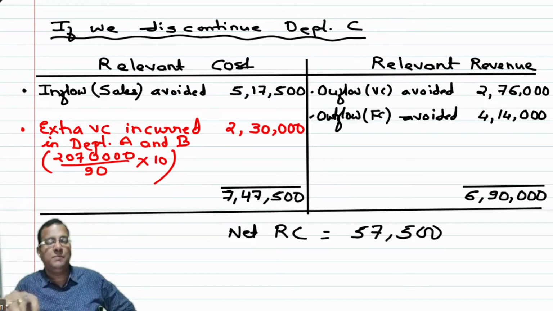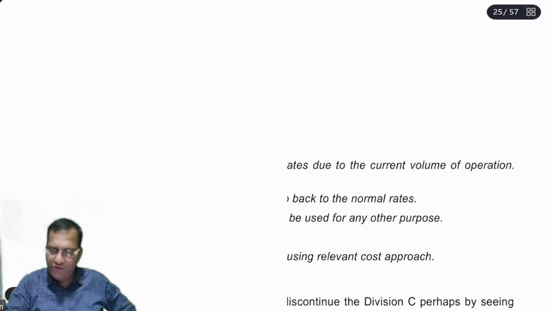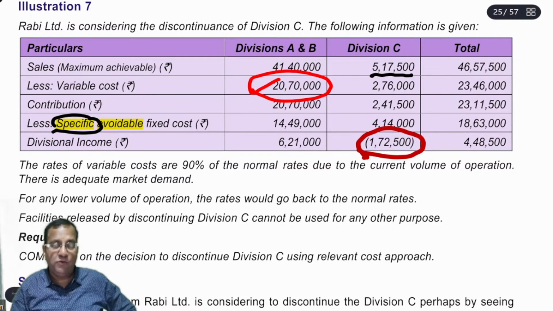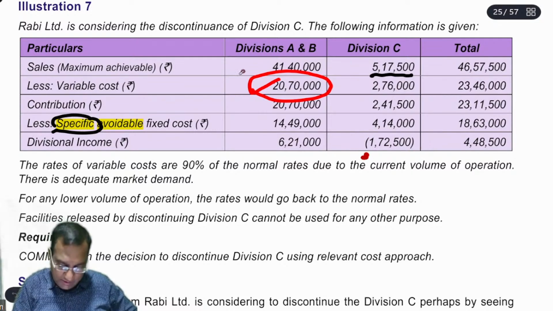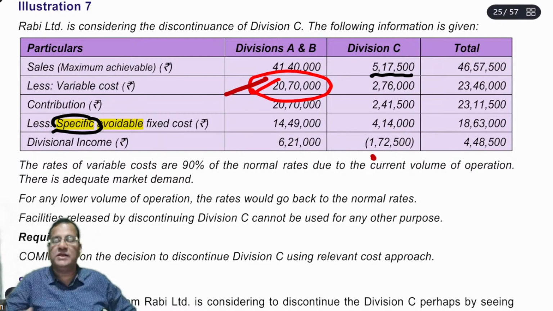Even if that department is incurring loss, in very, very simple terms, beta, I will tell you. How much loss can you save by discontinuing department C? It's 1,72,500. This is the saving. But what extra amount are you incurring on variable cost of departments A and B? 2,30,000. So to save 1,72,500, you are incurring an extra 2,30,000.